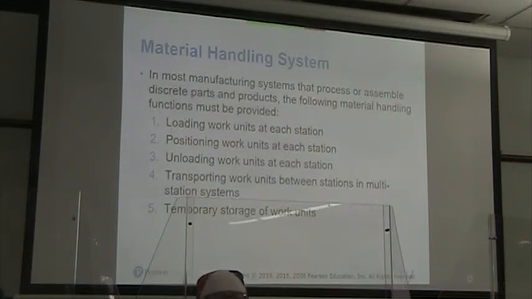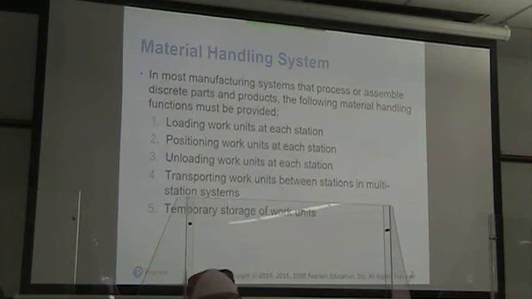So in our manufacturing systems, processing and assembling parts and products, we have to have material handling functions like loading work units at each station, positioning work units at each station, unloading work units at each station, transporting work units between stations in multi-station systems, and temporary storage of work units.